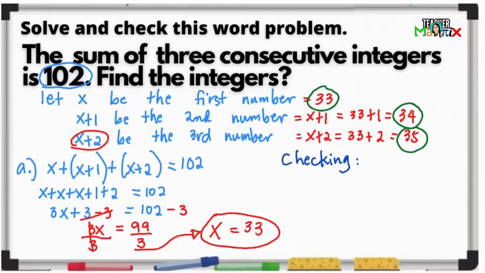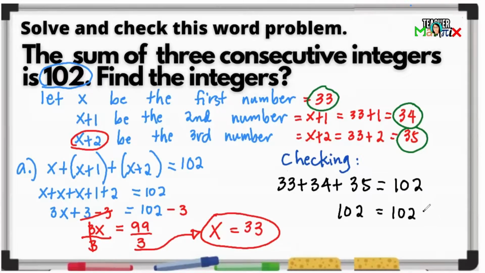So let's add them all. 33 plus 34 plus 35 equals 102. 102 equals 102, which means that these 3 positive integers are correct. It's very obvious that these are consecutively indicated.